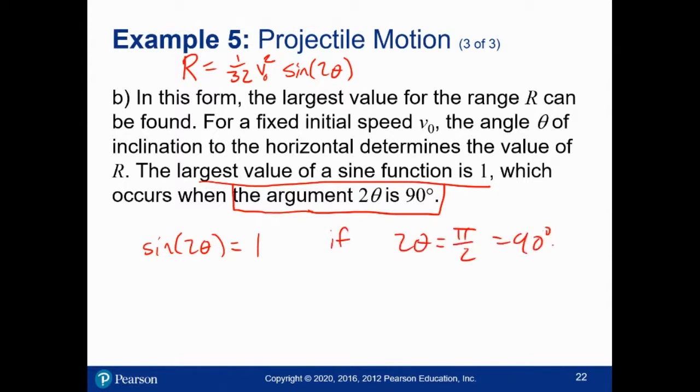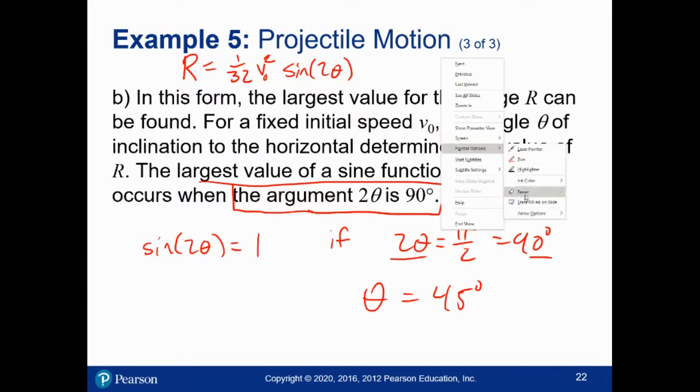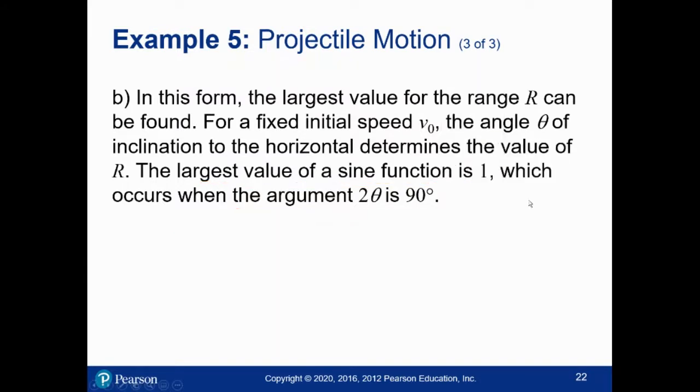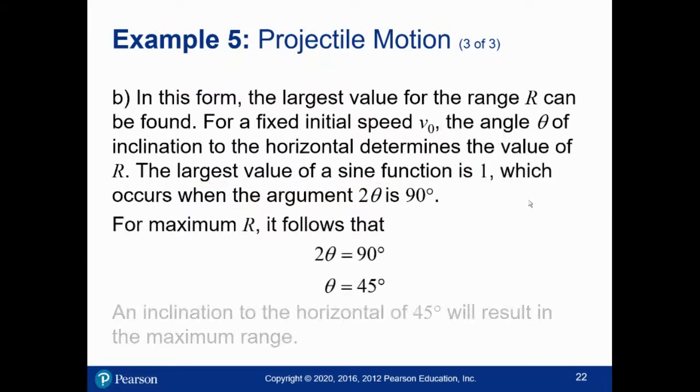So either 90 degrees or pi over 2 radians, but notice that's 2 theta, which means once I divide by 2, I want the angle to be 45 degrees. So indeed, the angle that gets my object the furthest distance is 45 degrees. Let me erase my work, because the same work is now going to show up in nice computer text. So yes, a 45-degree angle gets the largest range.